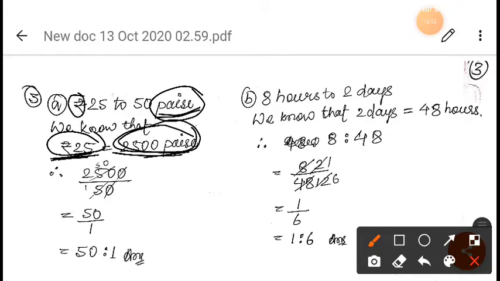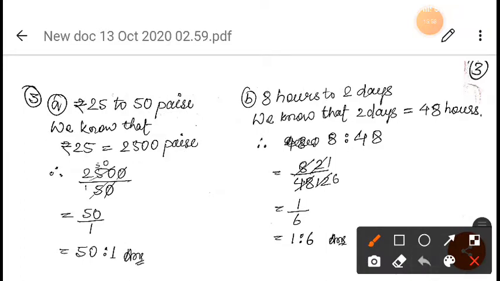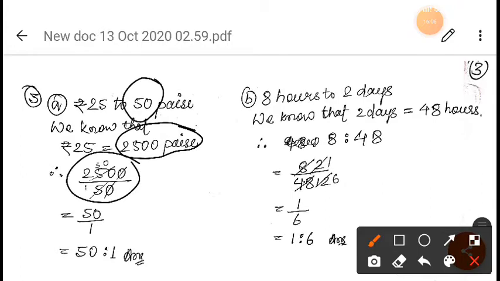Now we will find the ratio between this 50 paise and this 2500 paise. Here we use the division method, not the subtraction method. We just divide 2500 by 50. We get 50 by 1, which is written as 50 is to 1, right? I hope you have understood this.